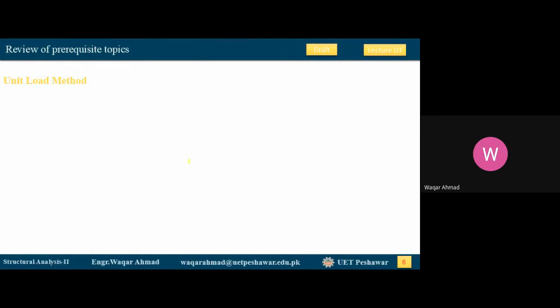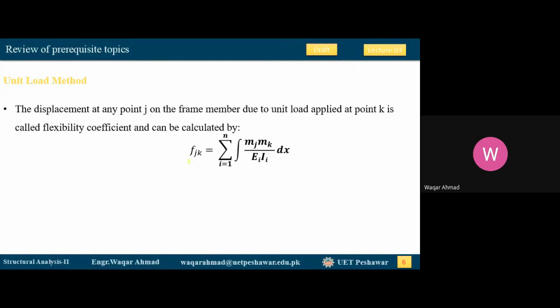The same method we will be using for finding out the flexibility coefficients also. In one of the steps, it is required to find the flexibility coefficients. As you already know, in case of the beam, we did it by the conjugate beam method. So we will develop the flexibility coefficient matrix by using the same equation, but there is a difference.